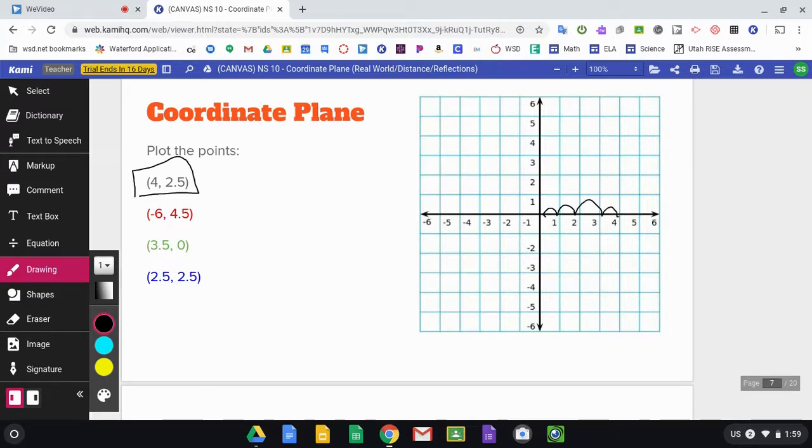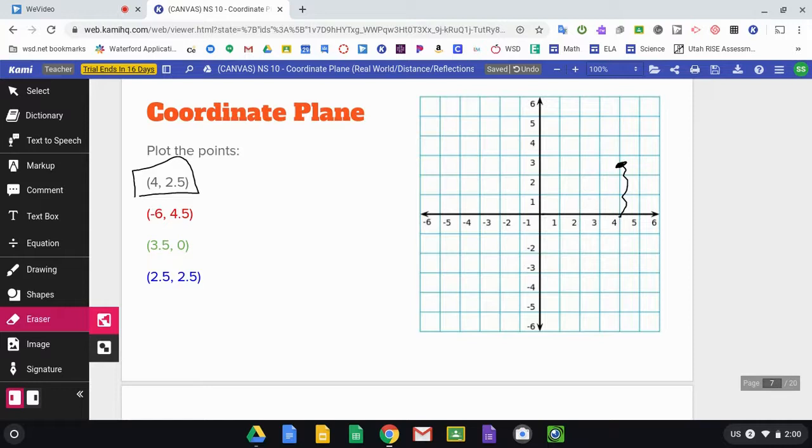And then go up or down, and this is positive, so I'm going up 2.5. So 1 whole, 2 whole, and a half. So here's where that first ordered pair would be. Go ahead and put that first ordered pair on your grid and pause. And then try on your own.